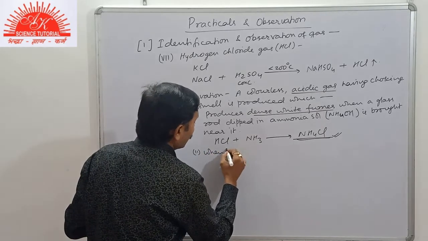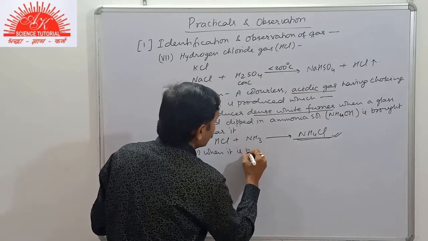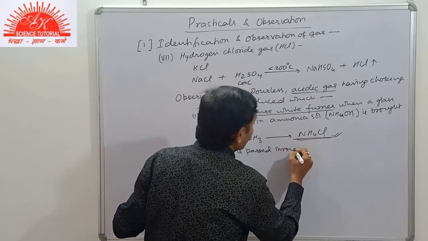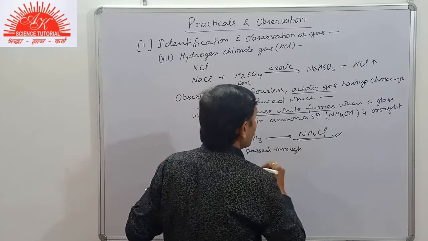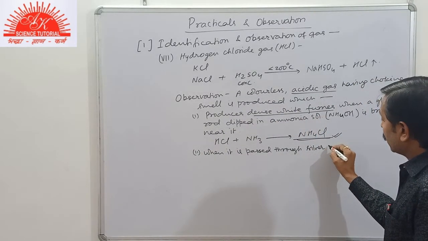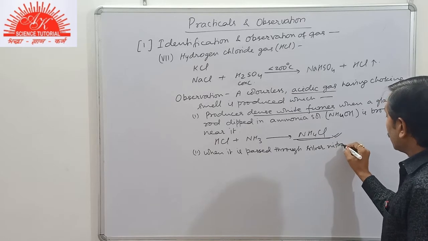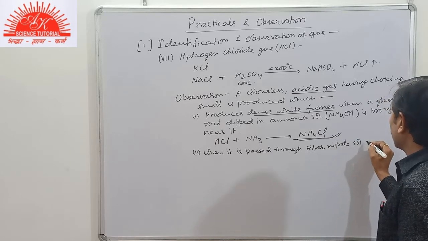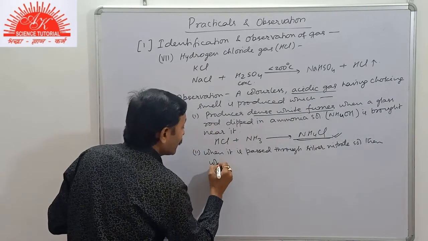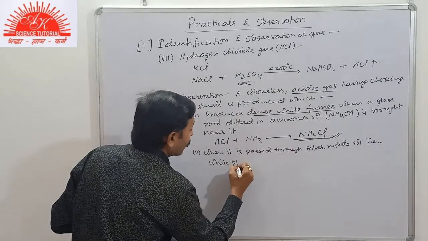When it is passed through silver nitrate solution, then a white precipitate is formed.